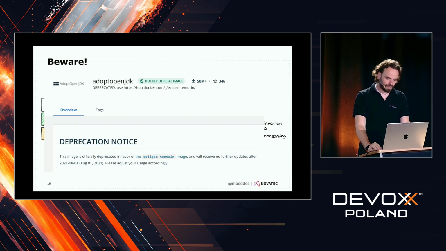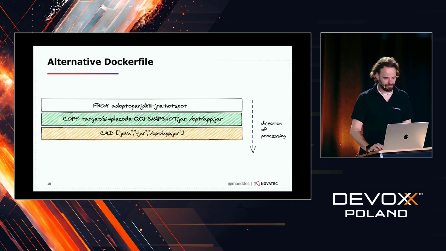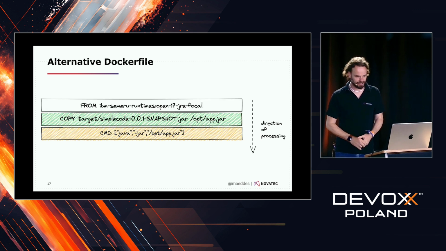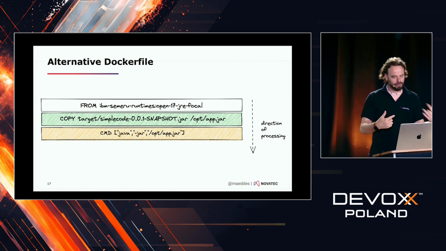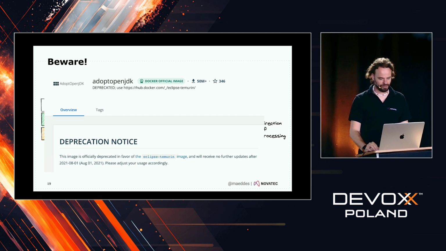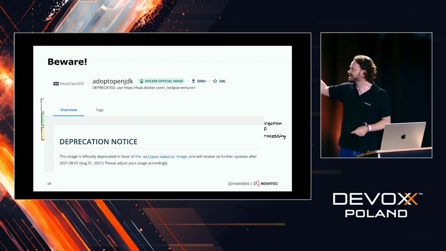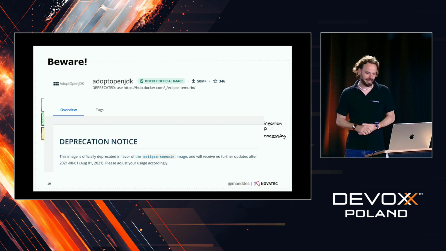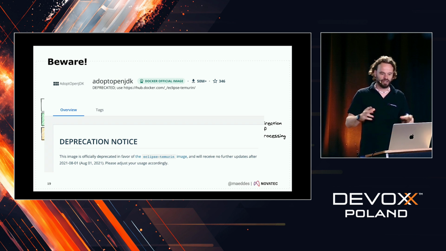Now, the tricky thing with these Dockerfiles is that the base images might deprecate. That actually happened to me, and if you build a Dockerfile, you wouldn't get notified. The AdoptOpenJDK image that I had in the very beginning, 2 or 3 years ago, when I started doing this presentation, just got taken out.